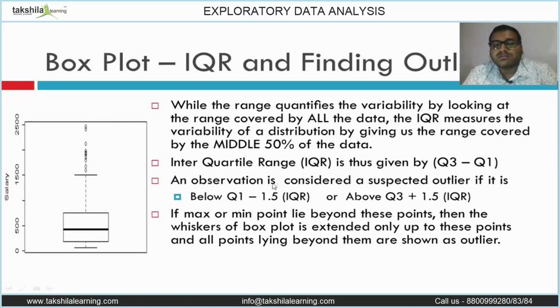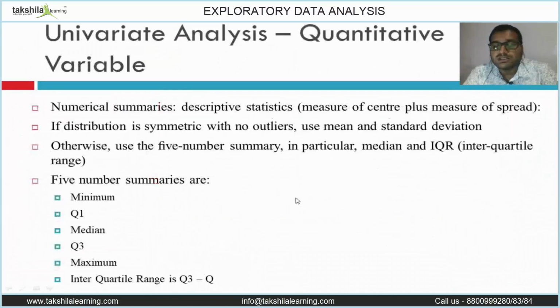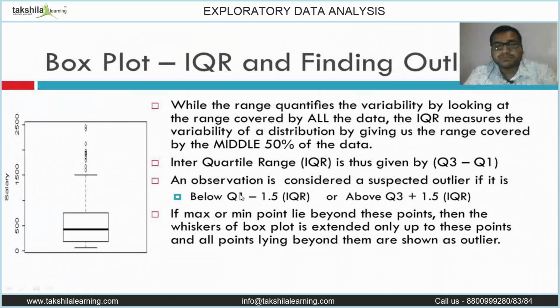By observation, suspected outliers lie outside this range. If the data lies below Q1 minus 1.5 multiplied by IQR, then it is an outlier. Or if the data lies above Q3 plus 1.5 into IQR, then those values are outliers.